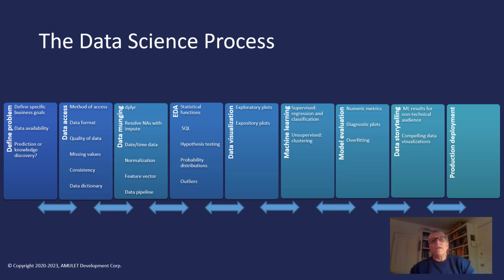What I find in my own data science practice is often the client or the project stakeholder will be very motivated to just start the project and start coding and start doing machine learning, but that's not always the wisest approach. It's often better to sit back and really contemplate what the business goals for the project are.